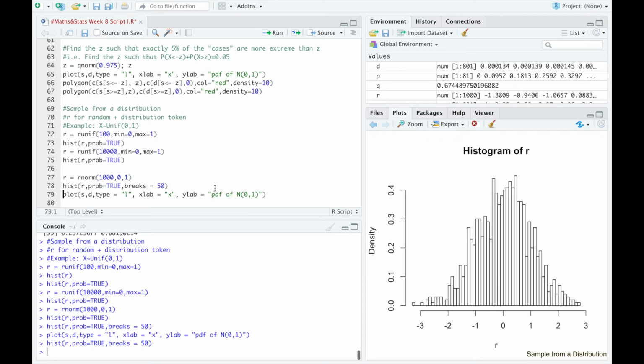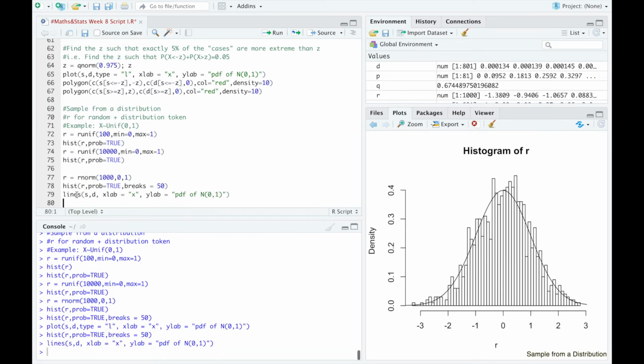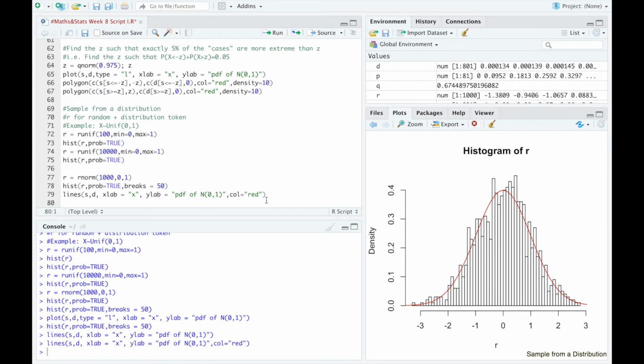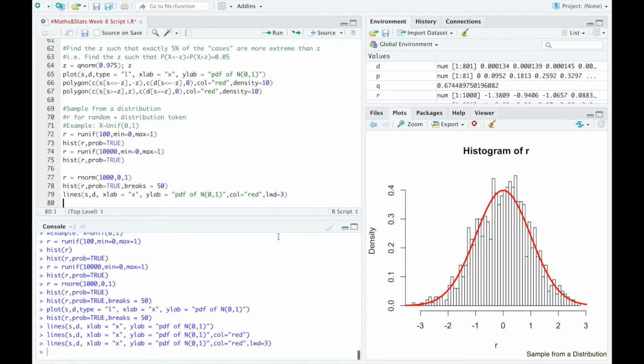So the function that allows you to plot the PDF of a normal distribution on top of your histogram is the function lines. Nice. Red. Another parameter that I like to change sometimes is the line width. If you put this to, I don't know, 3, I think it's just a nicer line.